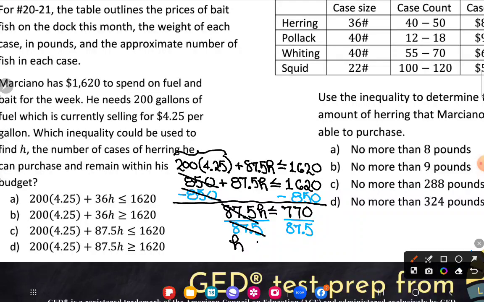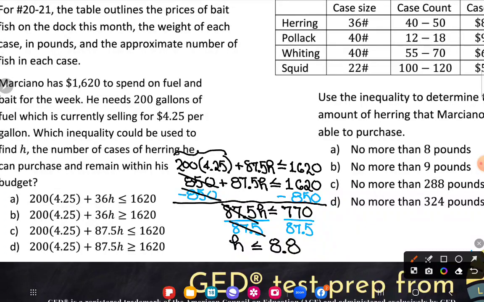H is alone, my herring, just like I wanted. And that's going to be less than or equal to 770 divided by 87.5. Hello, Kate. 770 divided by 87.5. When I get 8.8.